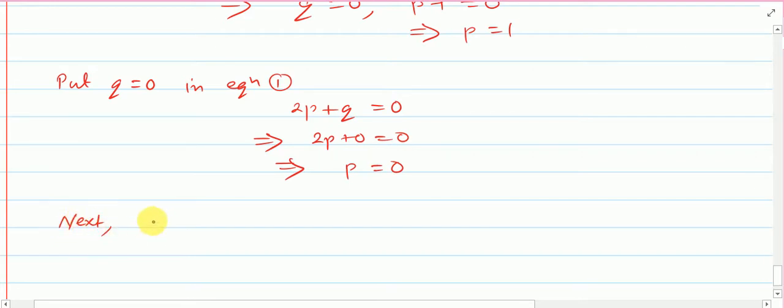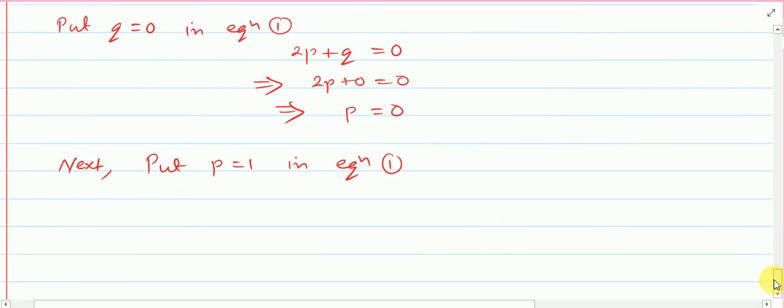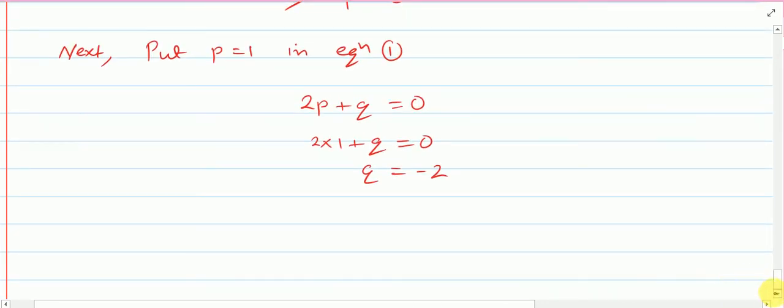Next, put P equal to 1 in equation 1. Then 2P plus Q is equal to 0. So 2 into 1 plus Q equal to 0. So Q equal to minus 2. Okay.